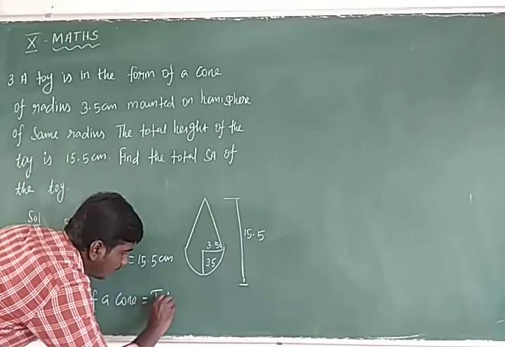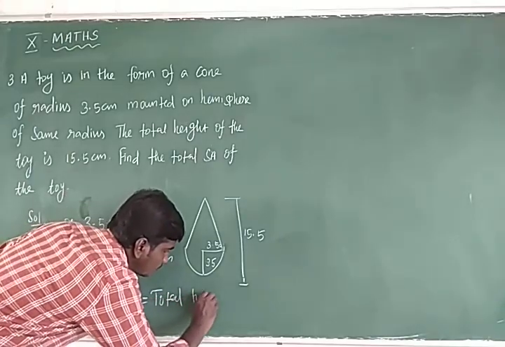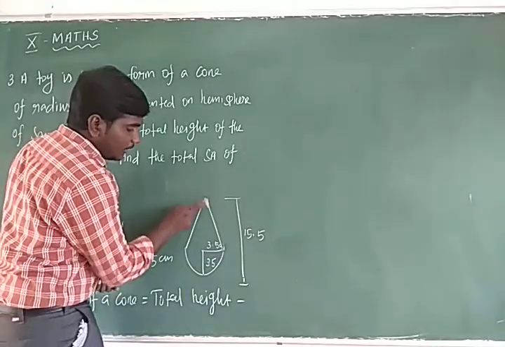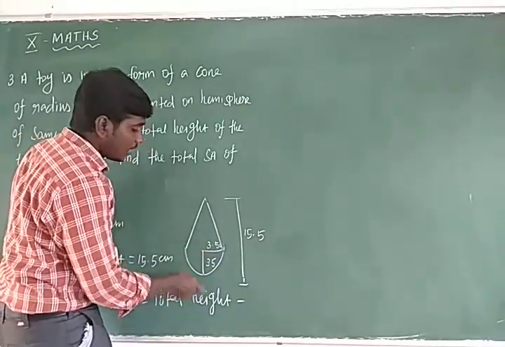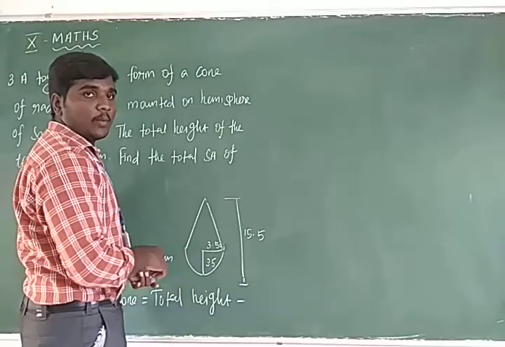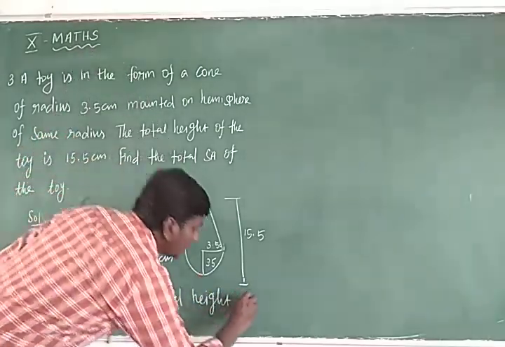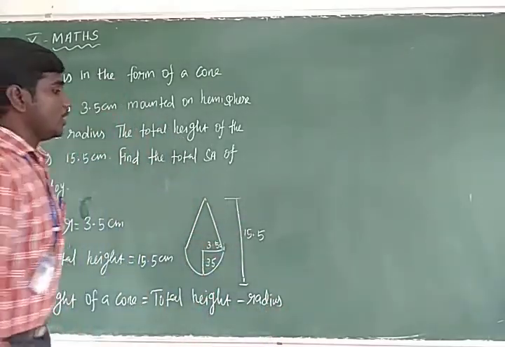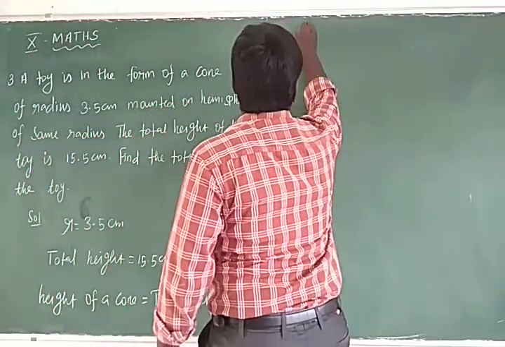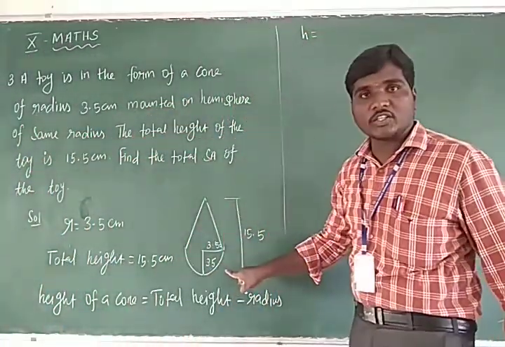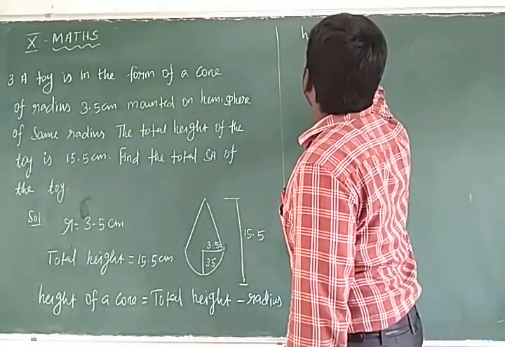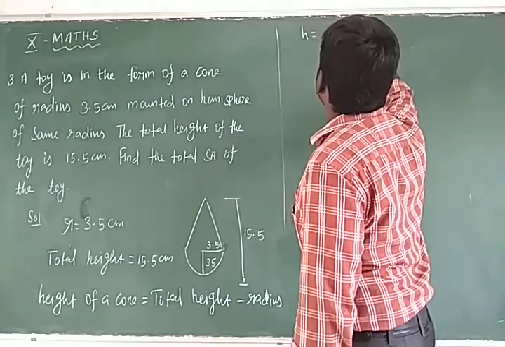The height of the cone is equal to the total height minus the radius of the hemisphere, which is 3.5. So h is equal to 15.5 minus 3.5.